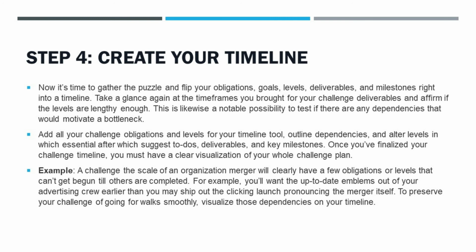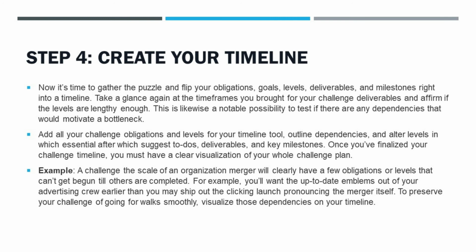Add all your project tasks and phases to your timeline tool, define dependencies, and adjust phases where necessary, after which point to tasks, deliverables, and key milestones. Once you've finalized your project timeline, you should have a clear visualization of your whole project plan.